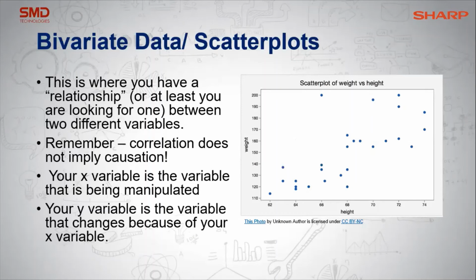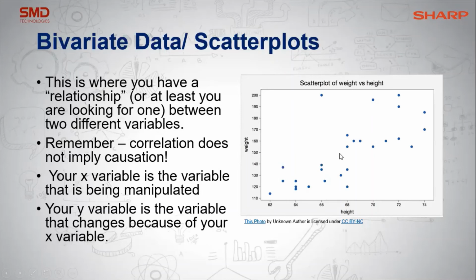So if we look here at our weight and height, we have a generally positively increasing line. It's sort of, if you squint your eyes, you can see a line going through there. But it doesn't mean that because you are so tall, you will weigh so much. One does not have any effect on the other.